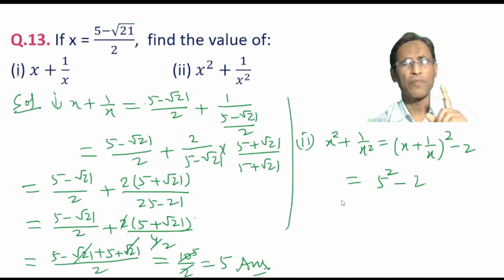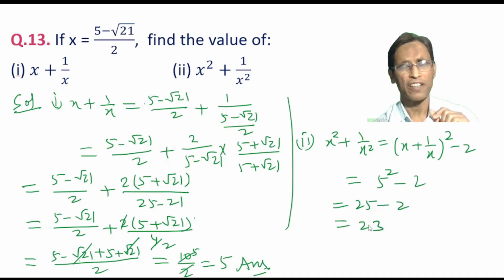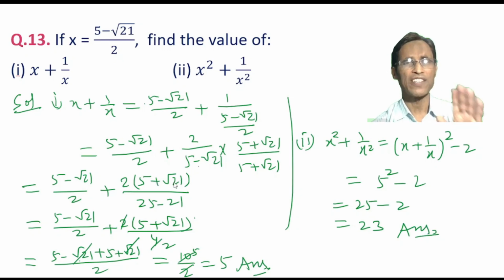In the next step, we find the value of 5 square, 25, and minus 2. 25 minus 2 gives 23 and this is the required value. Answer. By getting these results, we can say this was all about irrational expressions. Thank you.